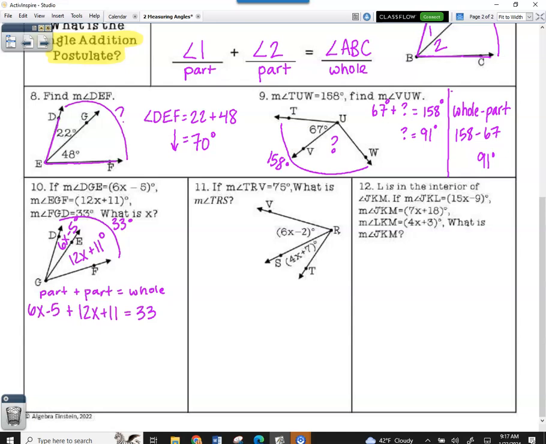You should get 1.5 here, or 3 over 2, but 1.5 is what you should get at the end. If anybody needs me to work it out, then just give me that look and I will. Or call me over there and I'll help you.